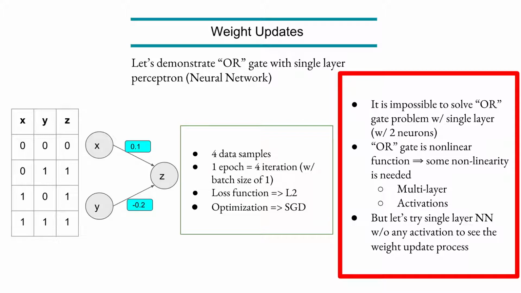To solve this OR gate problem, you have to use either a multi-layered neural network or some kind of activation functions to put some nonlinearity into your model. But let's just try a single-layer neural network. That means it's impossible to solve this problem, but we are going to see how weights are updated.